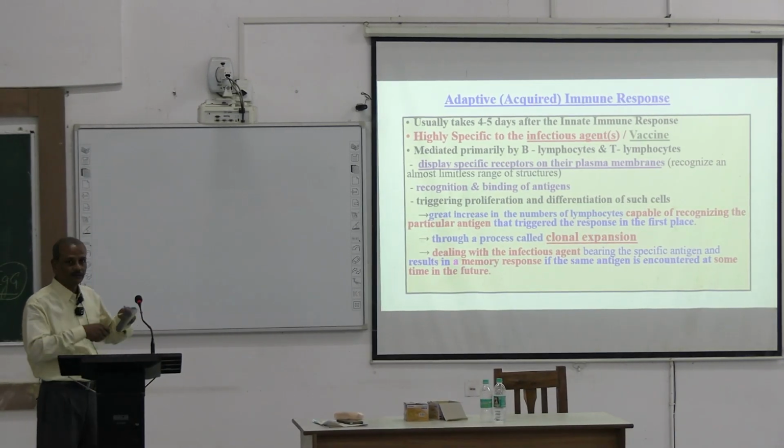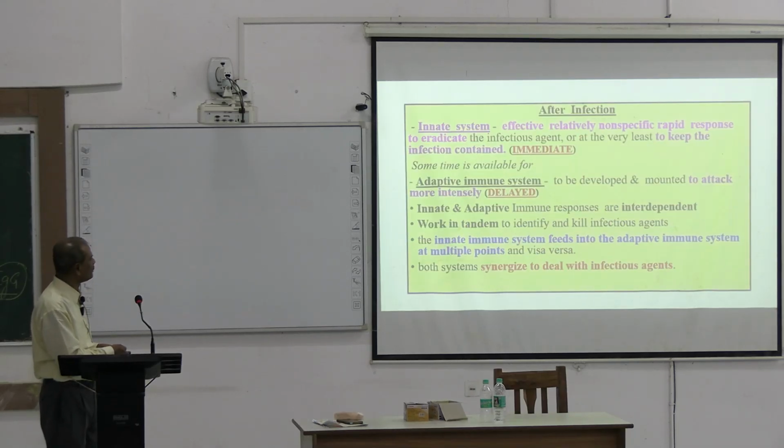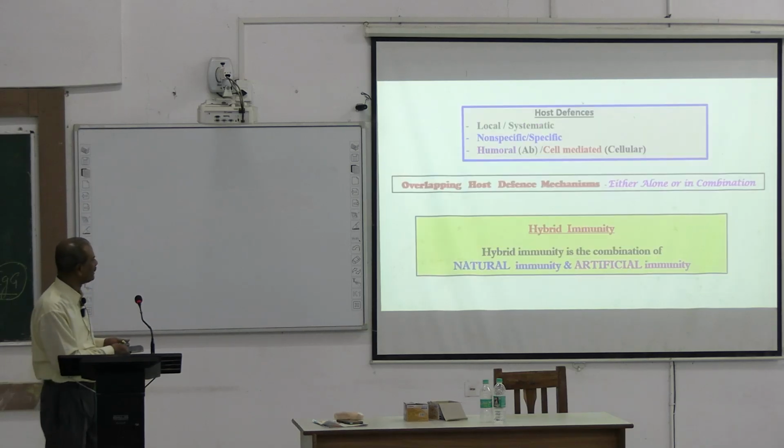And when the second time the infection occurs, there will be a rapid response. Okay. So the innate system was immediate, the adaptive system was delayed, and this delay is because of this procedure. Okay.